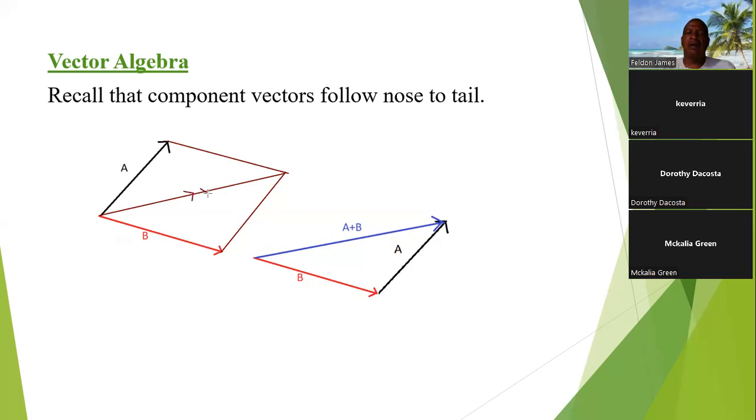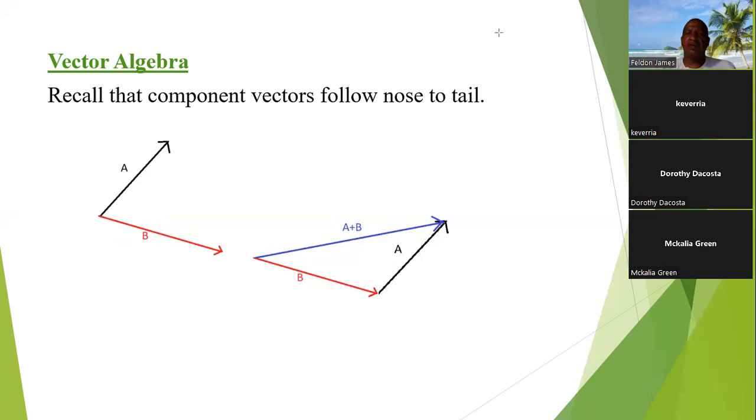Now, that is if we decided that we are using the parallelogram law. But remember too that we could also use the triangle law. But in order to use the triangle law, we would have to arrange these two vectors so that the nose of one goes to the tail of the other.